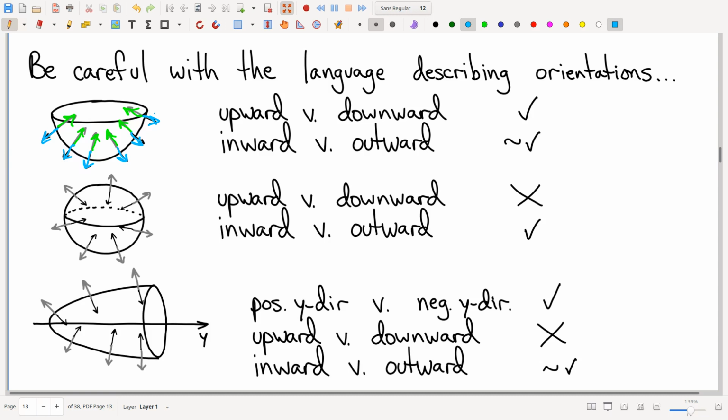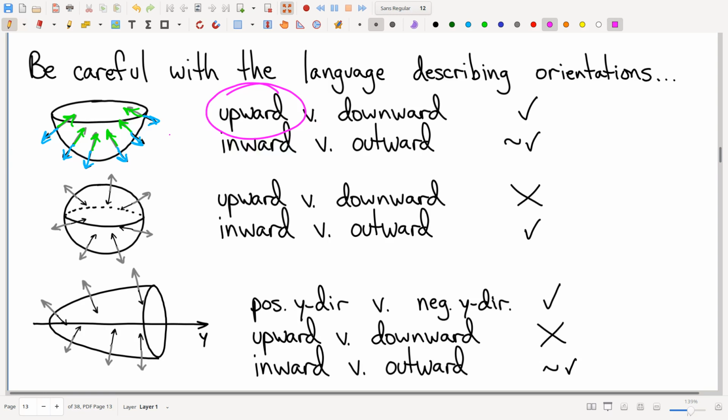And let's look at our language choices. If I were to say upward, which of these two orientations might I mean by upward? I'm going to point out that all of these green vectors are at least somewhat upward-ish, right? They're not pointing downward, they're pointing upward.